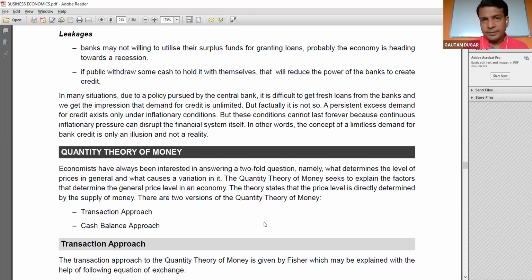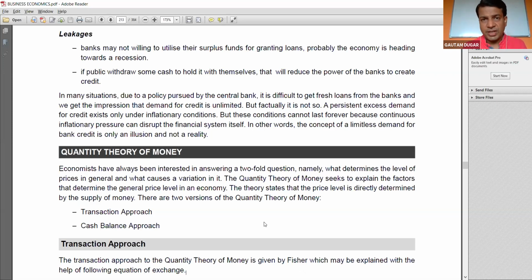What does it mean? With the increase in money supply, the income level of all the people in the economy is increasing. The money income which you're earning is increasing. That is, your purchasing power is increasing. With every increase in purchasing power, the demand for goods and services is increasing, but the production is not increasing proportionately, and therefore the price level is increasing.